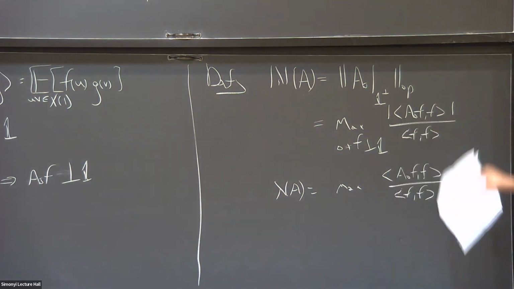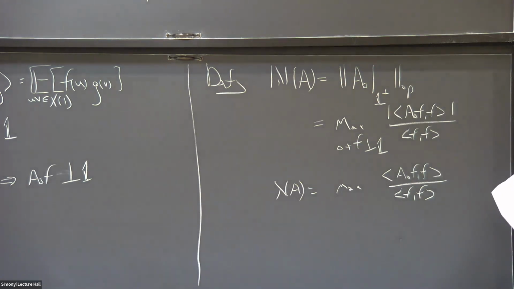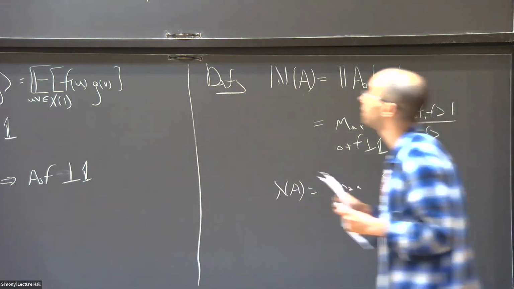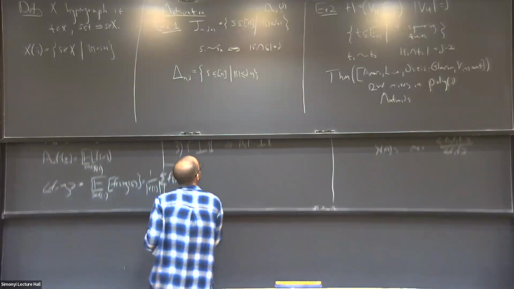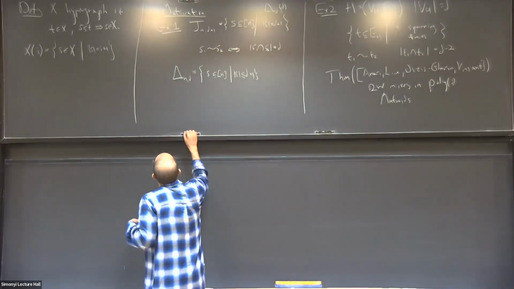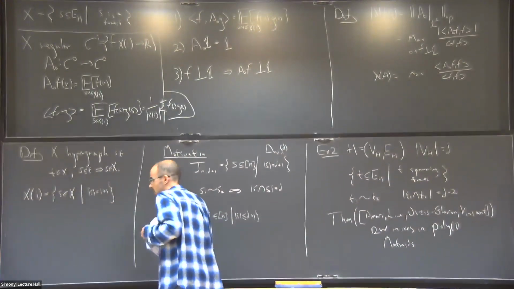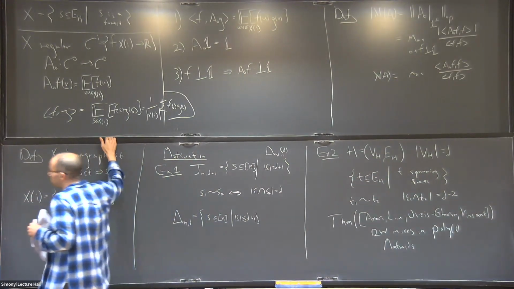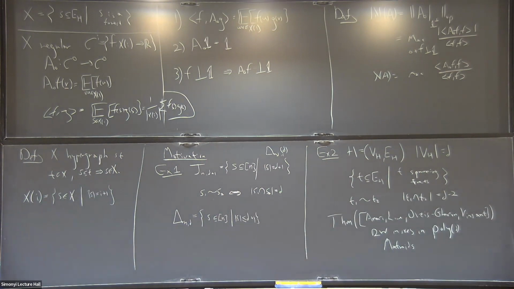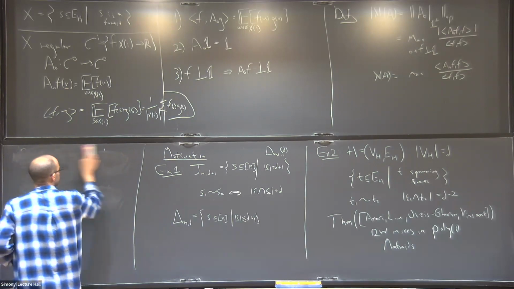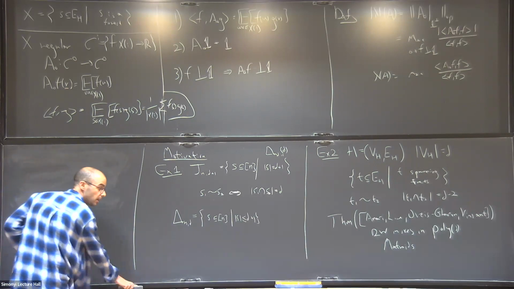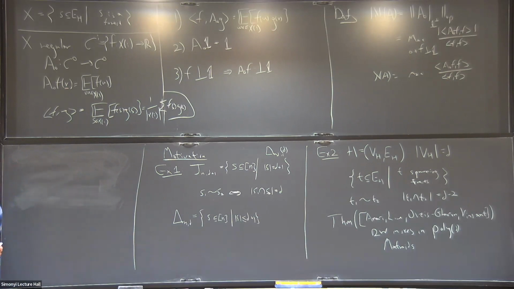I will interchange between these two definitions, although they're not equivalent. And so I hope that most of you have seen this definition in some place previously. And at least believe me, it's exactly the definition of the second largest eigenvalue in absolute value, if that's the definition that you know.